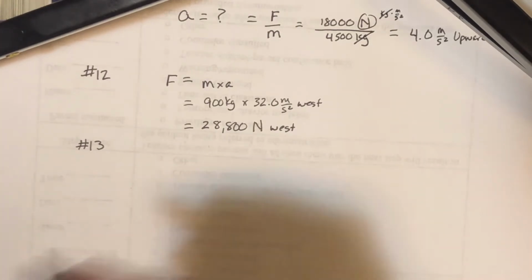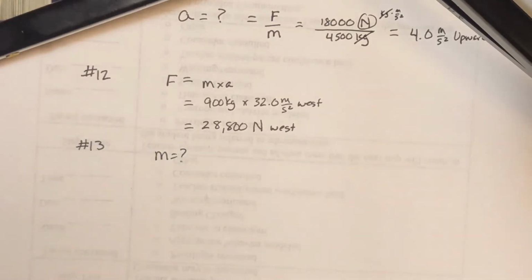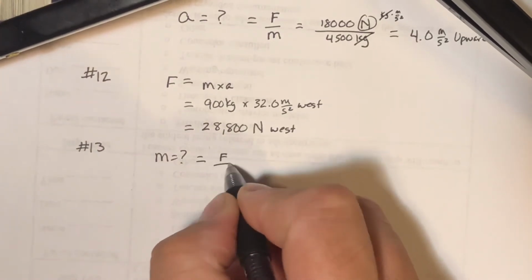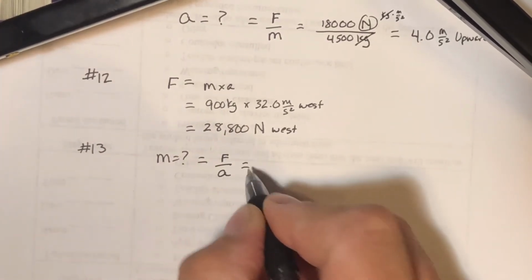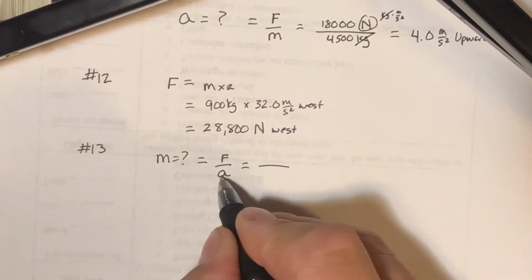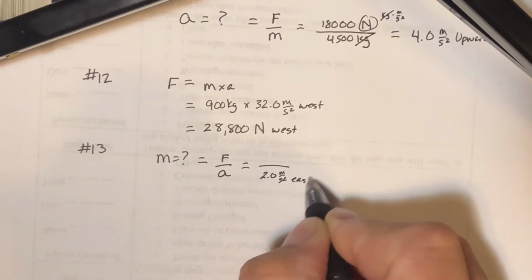The mass is what we're trying to find. If we cover up mass in our triangle, we know that mass is equal to the force divided by the acceleration. We then go back, read the question again. The truck has an acceleration of 2 meters per second squared east, so that is going to go on the bottom, 2.0 meters per second squared east.